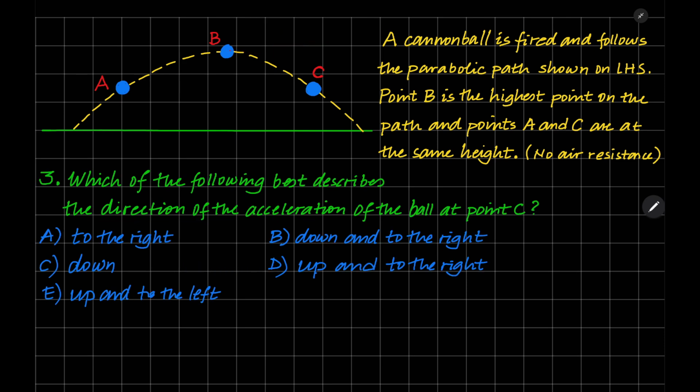Question 3. Which of the following best describes the direction of the acceleration of the ball at point C? Direction of the acceleration at point C. Only the gravitational acceleration acts on the cannonball, isn't it?